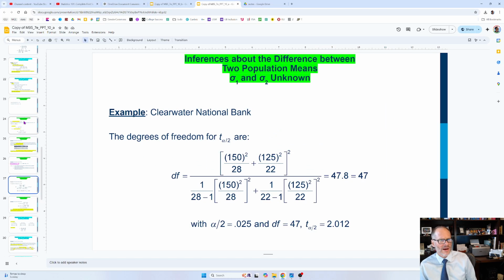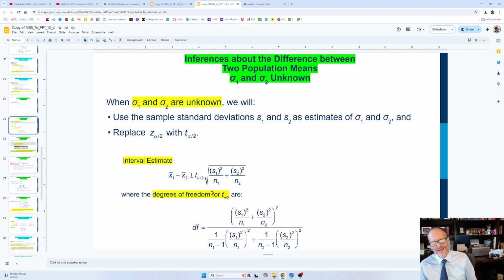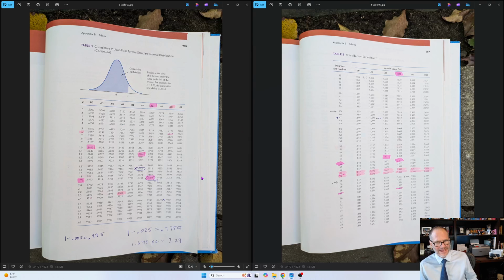And the way that they operate in a similar way is that when you're calculating your margin of error, it's some amount and then a quantity of that amount. So some amount is this stuff here, and then how much of that amount do I want? What quantity of that amount do I want? Do I want 1.96 of that amount, the z-value, if I'm working with a population standard deviation known and I'm using z-values?